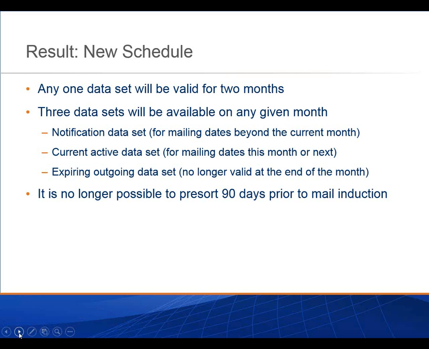If you look at this new schedule, that's not going to be possible anymore, and in those scenarios, you are going to have to break those up into doing more pre-sorts at different points in time to be able to get that mailing out.